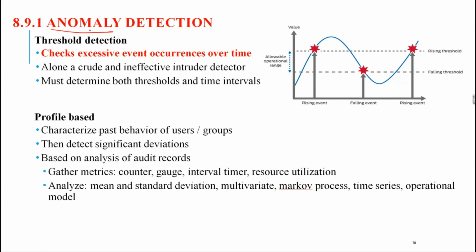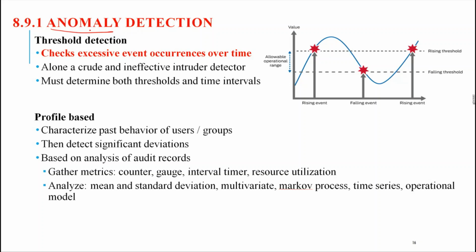The actual meaning is something that deviates from what is standard, normal or expected. So if something is deviating, we are automatically going to say it is an intrusion. This is the main principle here. These are the 2 different things available in anomaly detection.